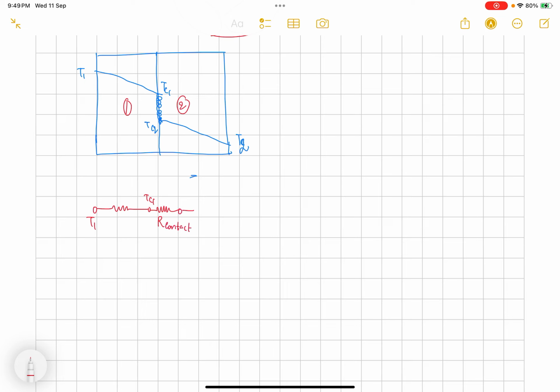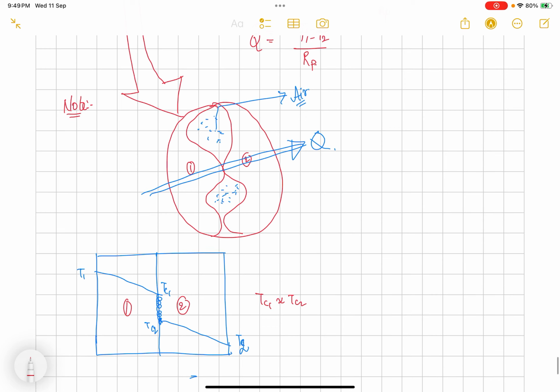Keep in mind, we can decrease that resistance by placing the material, like I talked about, the interface material, to decrease that thermal resistance so that these two temperatures have almost the same value. If these two temperatures have almost the same value, it means that contact is near to perfect.